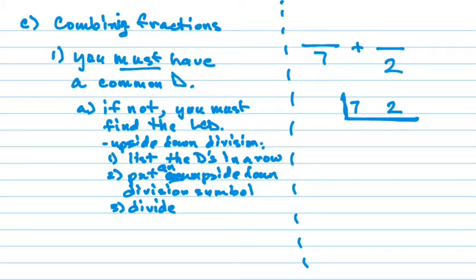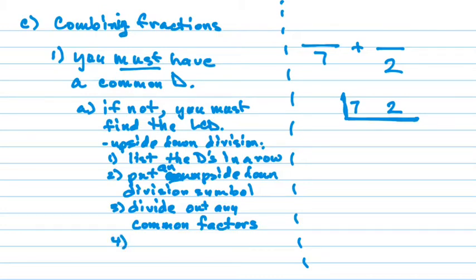Okay. Now, divide out any common factors. Now remember, common factor means anything that will divide evenly into both of them, right?